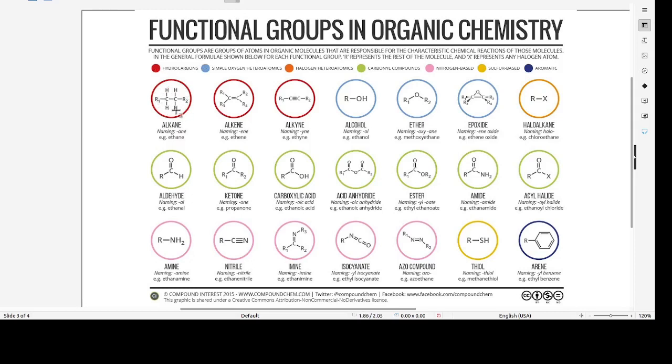Alkanes are considered not a functional group. That's the basic molecule, the basic hydrocarbon. Alkenes, you'll need to know. Alkynes. Alcohols.